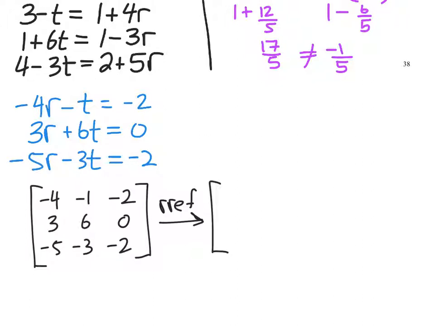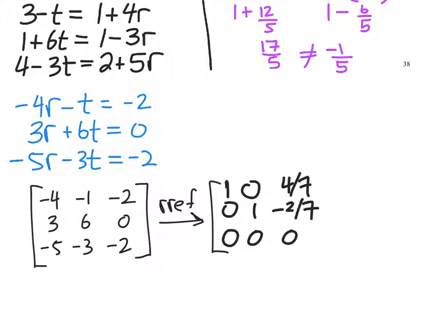Math, RREF this, oh, sorry, second matrix, RREF this. Matrix A. And we get that, oh, look at that, that's lovely. All right, so math frac that. Whole lot nicer. In fact, I don't even think I need to copy paste that, I could just write it out. So 1, 0, 4/7, 0, 1, -2/7, and 0, 0, 0.